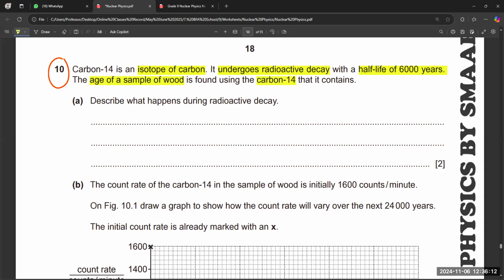Describe what happens during radioactive decay. This is the basic question related to radioactivity.